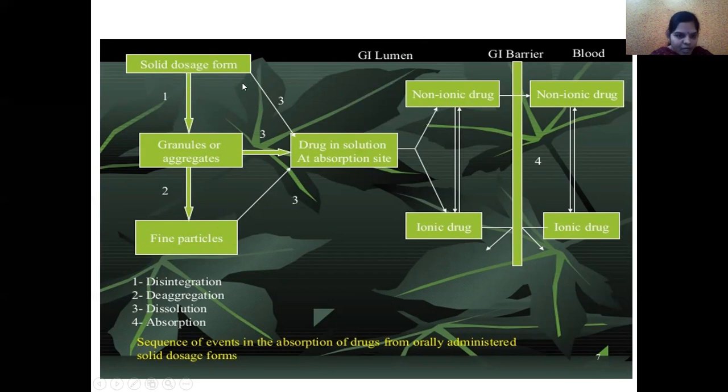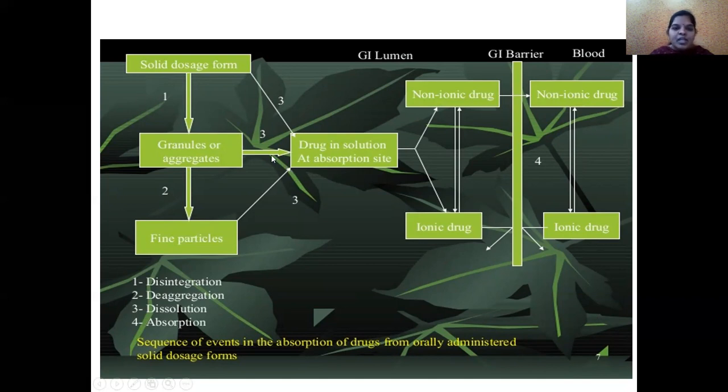When you take the solid dosage form, it will be split into granules or aggregates, and finally it forms fine particles. So your drug will be available for absorption in 3 forms: either fine particles, or granules, or a solid form.